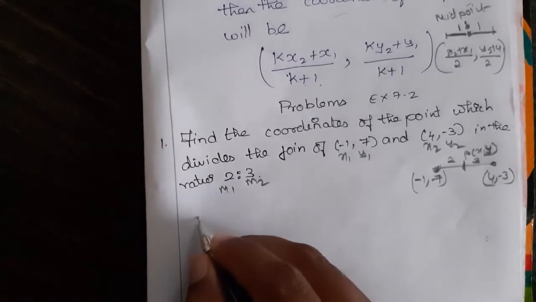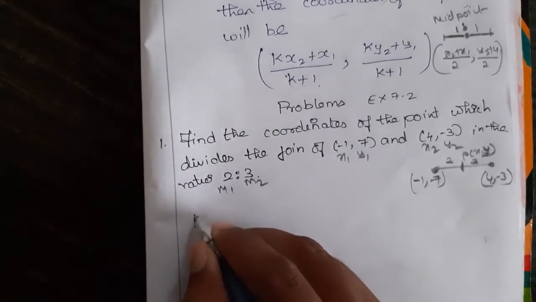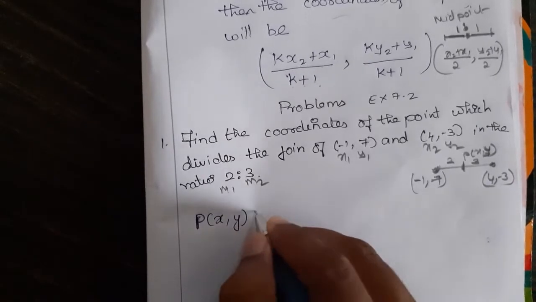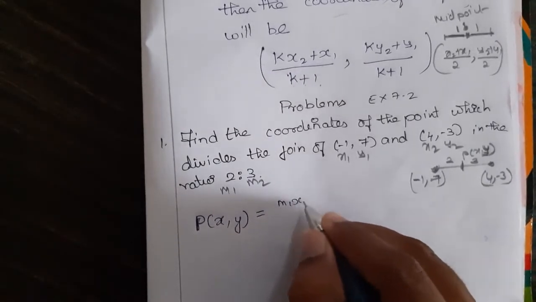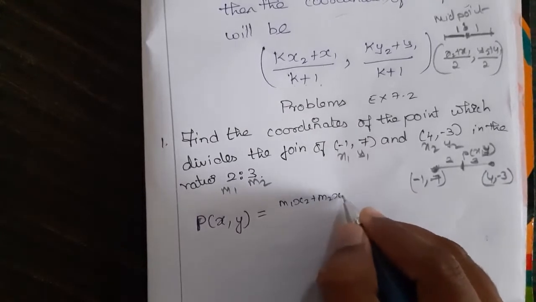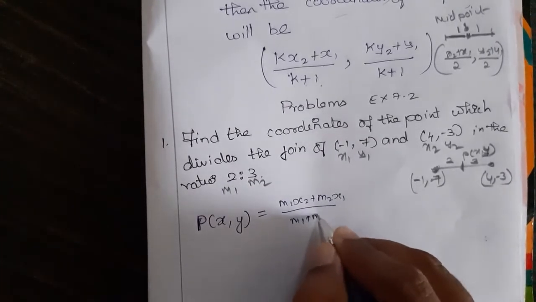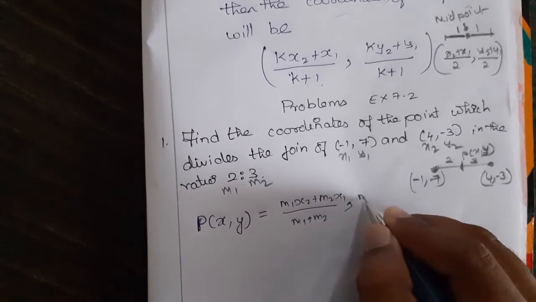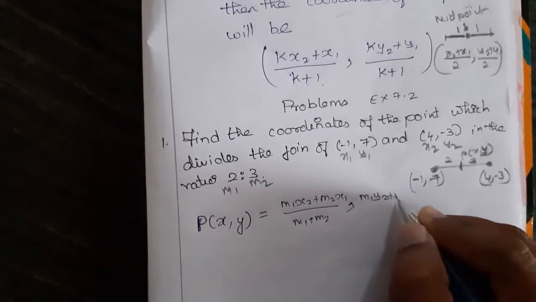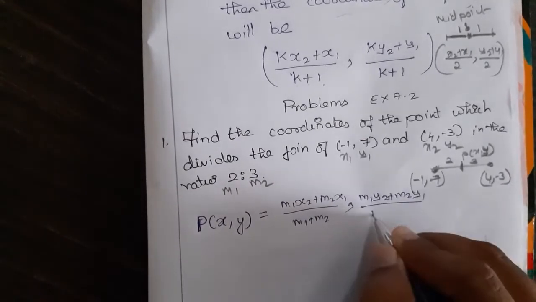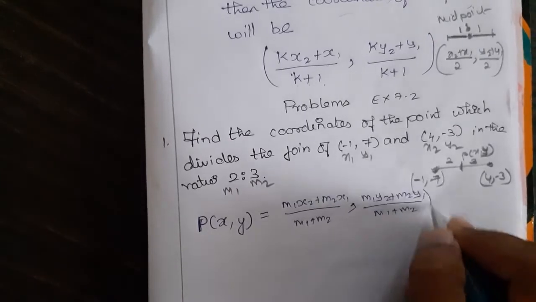So P(x, y) is equal to, we know the formula, ((m1 x2 plus m2 x1) divided by (m1 plus m2), (m1 y2 plus m2 y1) divided by (m1 plus m2)).